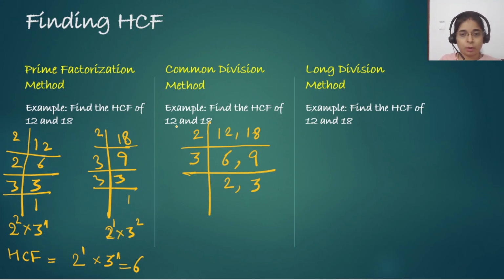Here we stop because we don't have any further common factor. We just take the common divisors we got, and the product of these two common factors gives us the HCF.